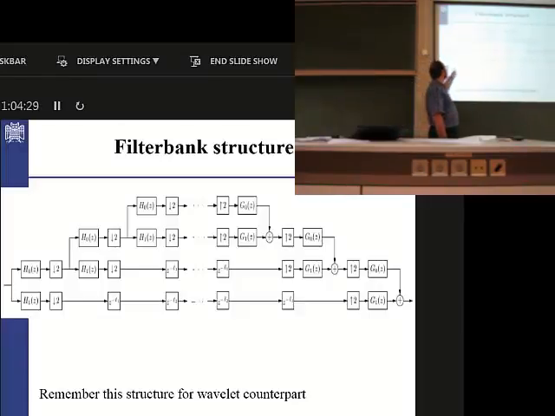We go to the second level. Again, we use the fine and the coarse resolution. And this structure can be repeated to any level that you desire. And in the same way for the synthesis part, after this delay is compensated, you can have everything in the reverse order. So you have G0, G1, which are the counterparts of H0 and H1 in the final level.